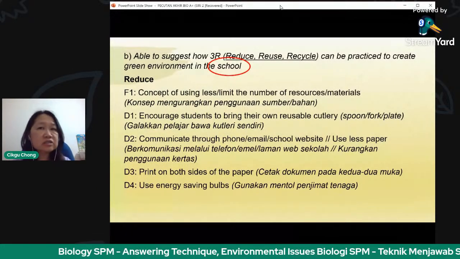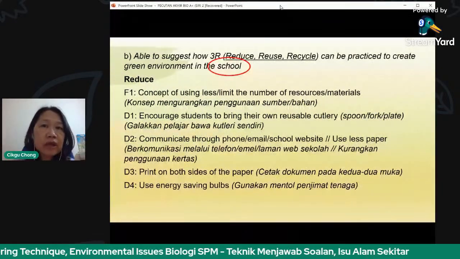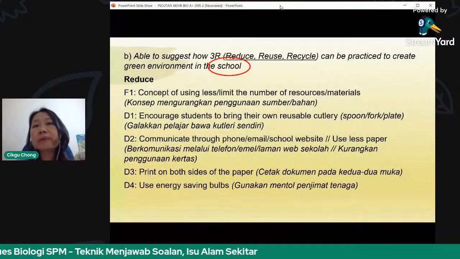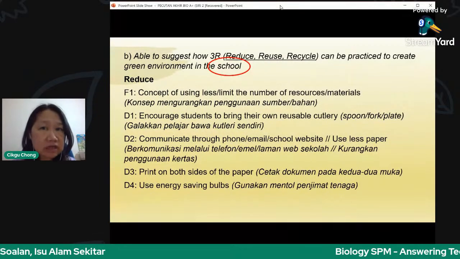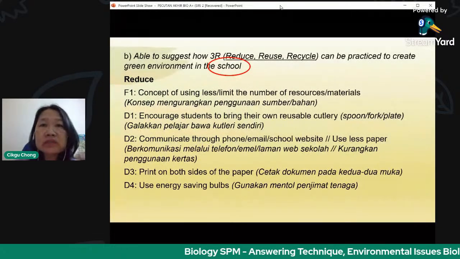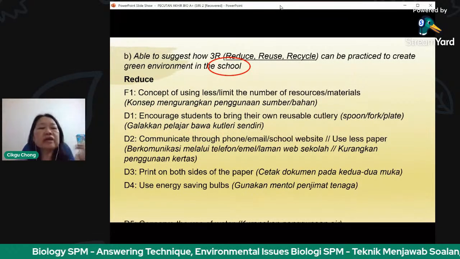But LED is a different technology. You can be using an 18-watt bulb and the brightness is comparable to a 60-watt filament bulb. Okay, the brightness is the same. You're using only 18 watt for the LED light, but you're using 60 watt for the normal one. Definitely 60 watt means you use more electricity. Okay, so that is the idea.